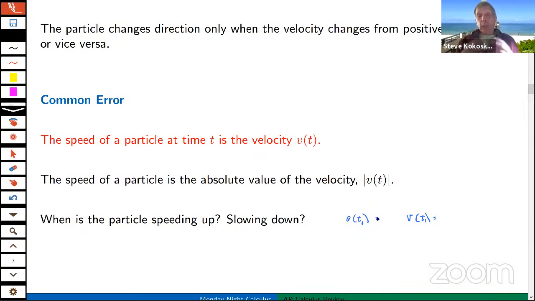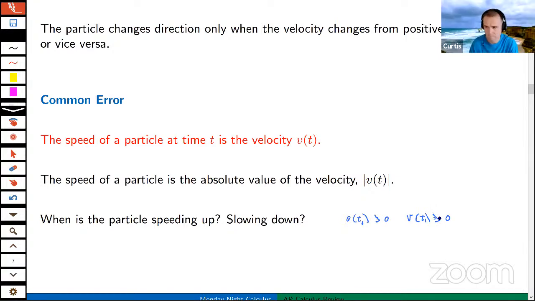You have to be careful when you do that, because if you write an answer, it must be correct to 3 decimal places. And if it's wrong in any one of those, then you will not get credit for your answer. So the safest thing to do, if it doesn't ask you for these values, is to use your calculator and note that this one's greater than 0 and that one's greater than 0. Because that's true, the particle is speeding up.